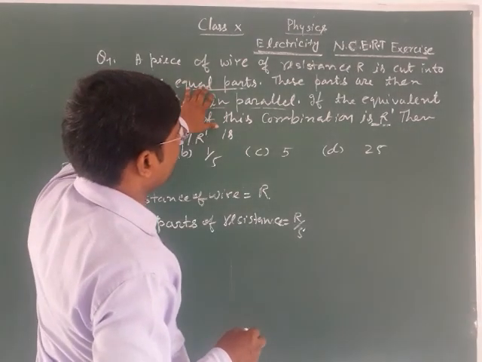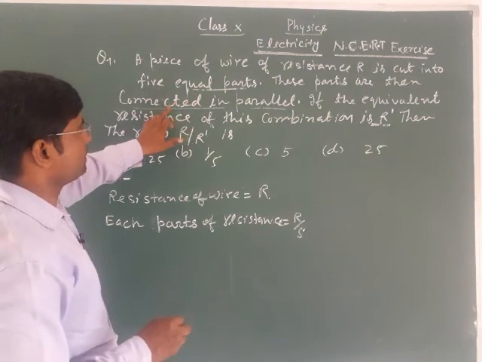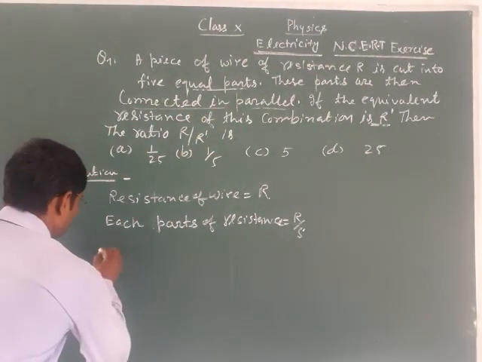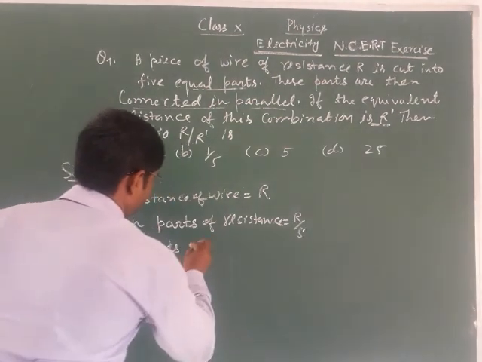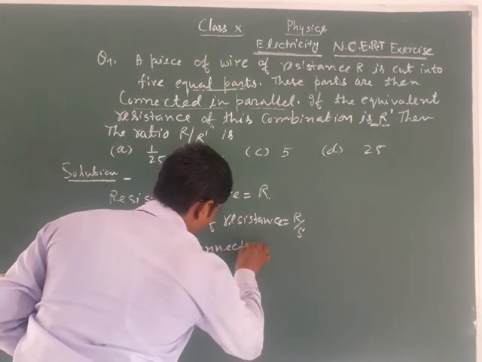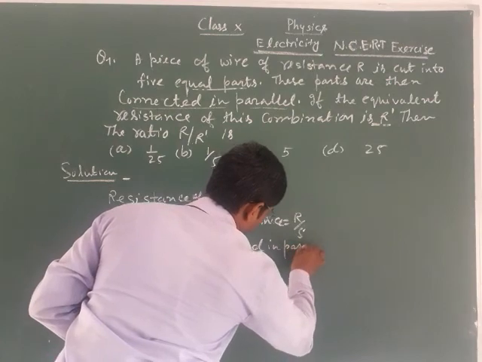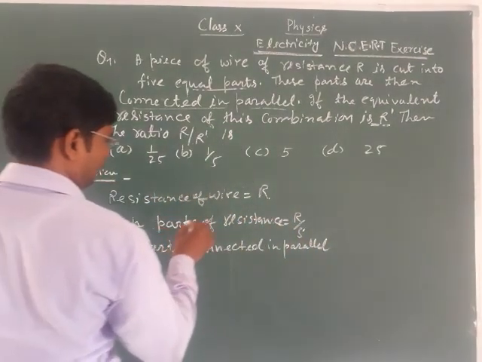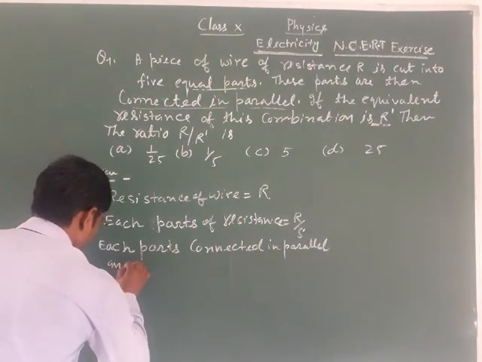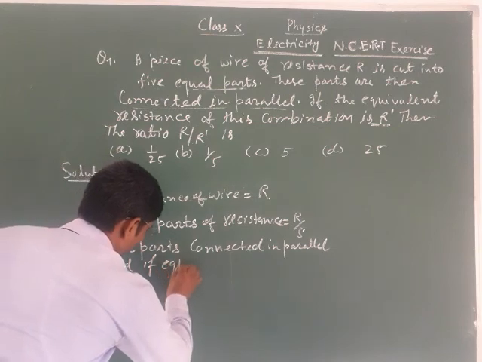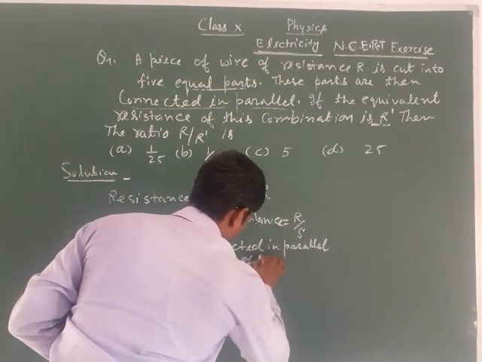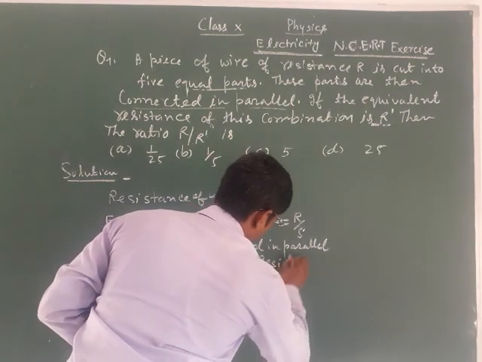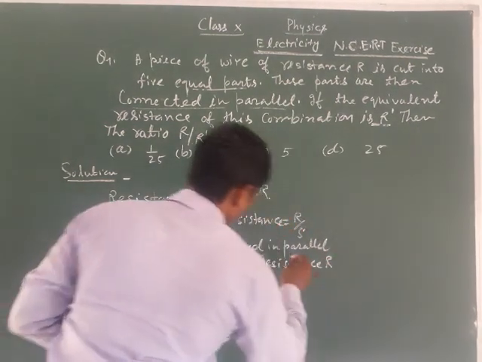So each equal part of resistance is connected in parallel, and the equivalent resistance is R dash.